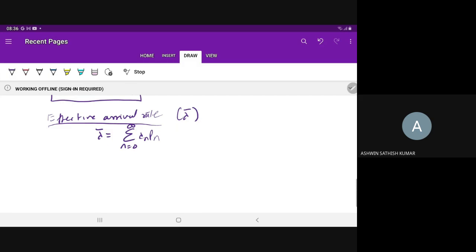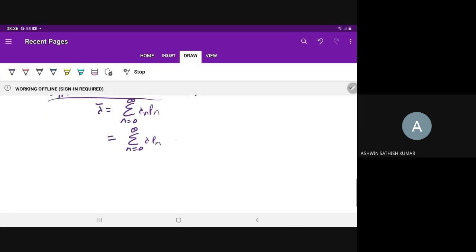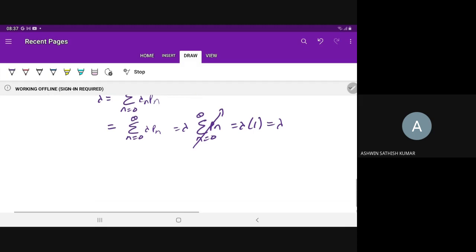And we know that for all states, lambdas are lambda. So it is lambda into the summation of Pn, n equal to 0 to infinity. This summation is the sum of all probabilities, which is equal to 1. So lambda bar is equal to lambda.